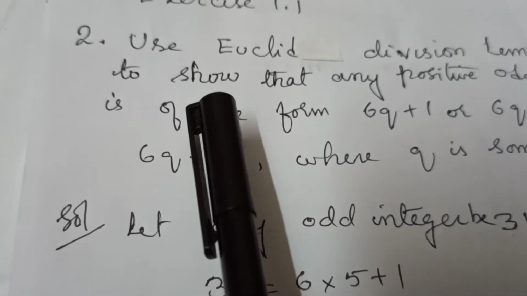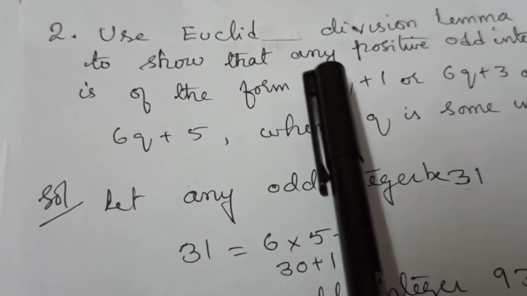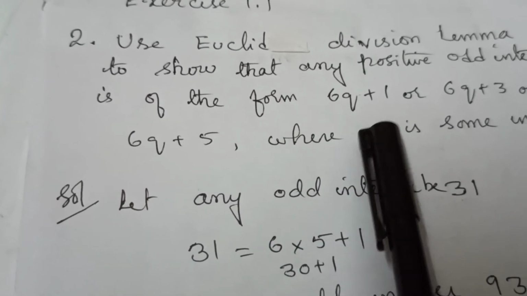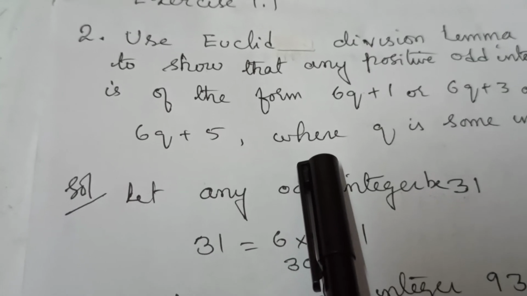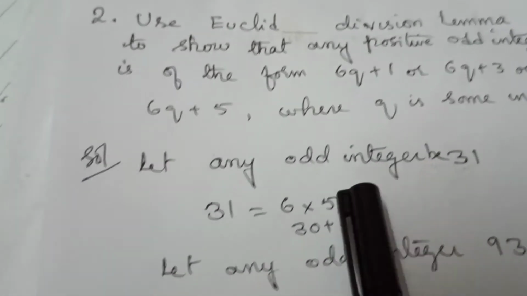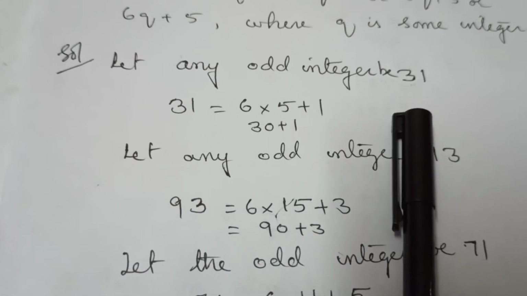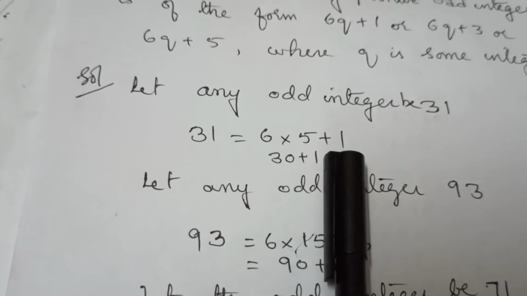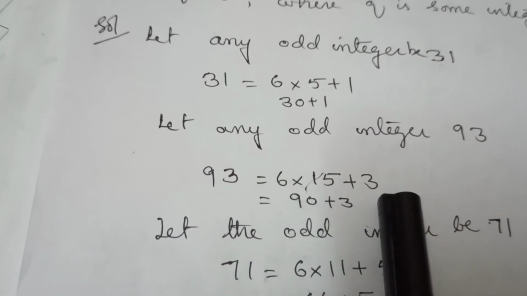So what we are saying here: use Euclid division lemma to show that any positive odd integer is of the form 6q plus 1 or 6q plus 3 or 6q plus 5, where q is some integer. We are given the example of 31, which is 6q plus 1, and we have taken 93, which is 6q plus 3.